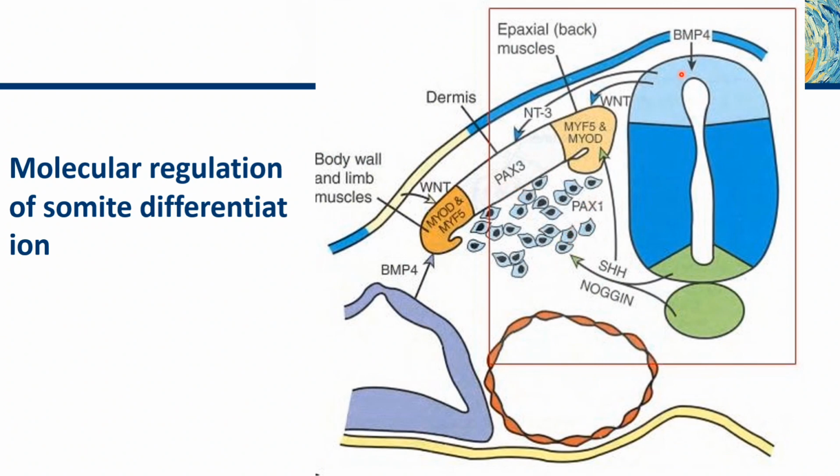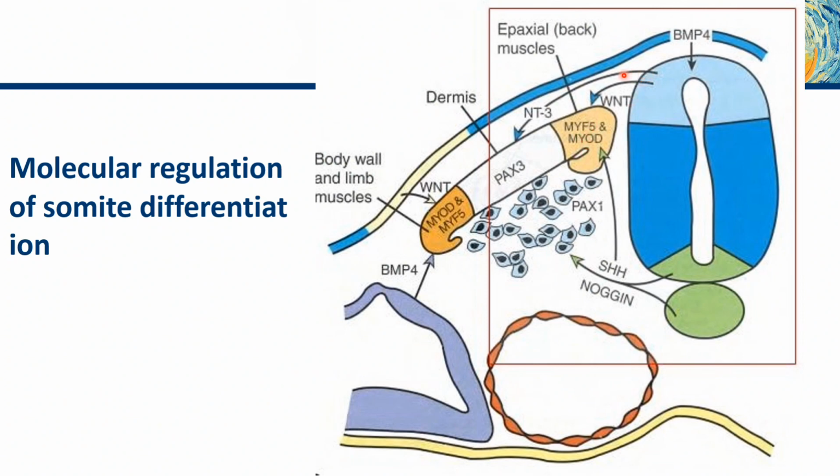Later on, another factor is released by this area of the neural tube. This is the WNT and the neurotrophic factor, and sonic hedgehog is also acting on this. These proteins activate myogenic factor 5 and myogenic factor D. These proteins are activated over here in the ventromedial part of the somite, and this area will form the epaxial or the abaxial muscle precursor, which will form the muscles of the back.